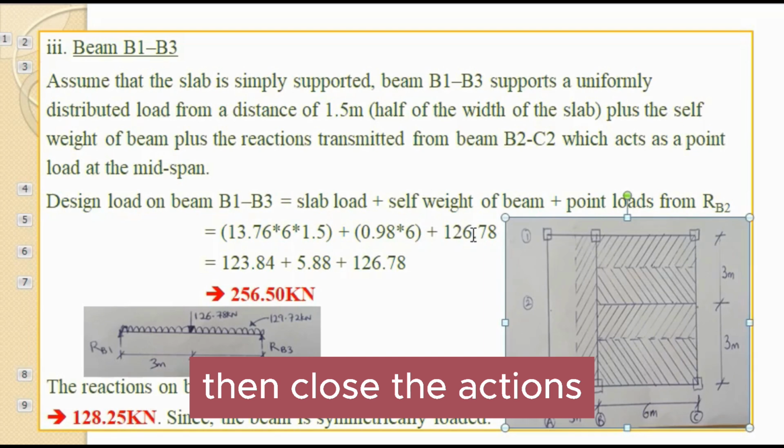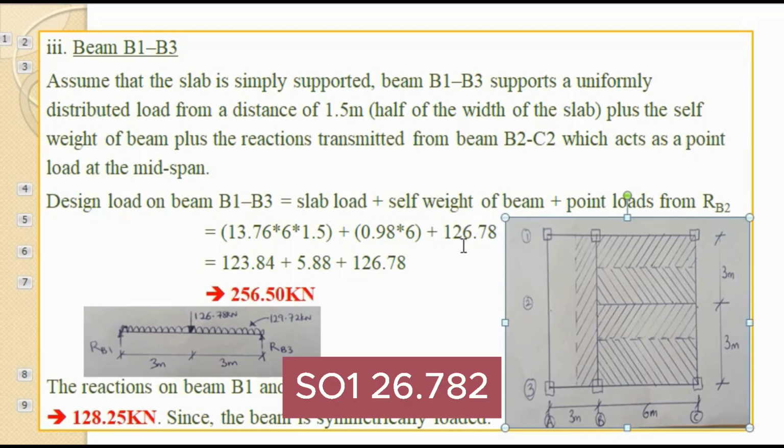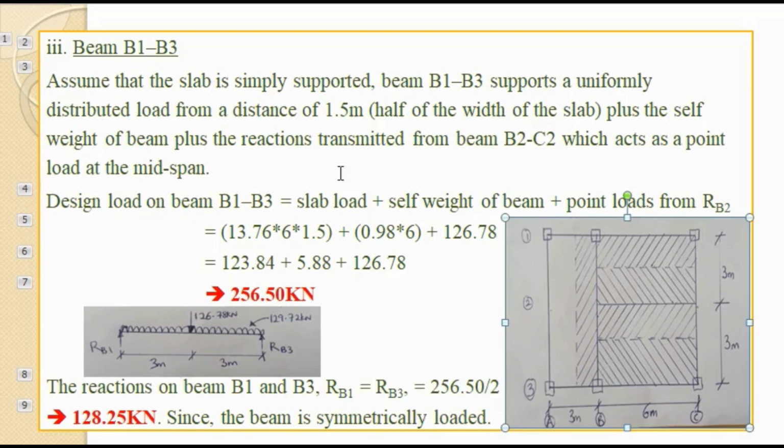Then plus the reaction acting as a point load, the reaction from beam B2 to C2, acting at this portion here, 126.78. So multiplying and adding all these up, we have 256.50 kilonewton. Like I told you, for slab and beam you need to have uniform units, and that is why everything is in the same units. This one per meter square is not cancelled per meter, and this one is already in kilonewton.